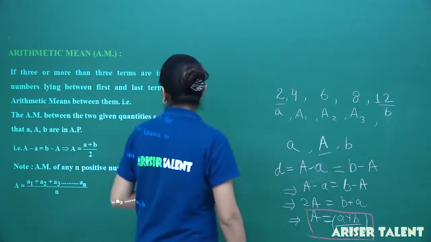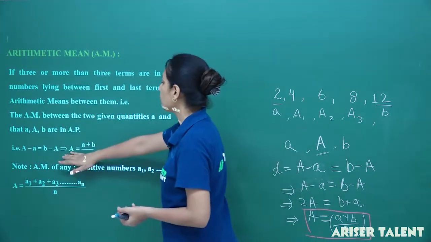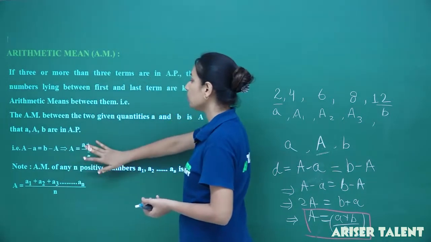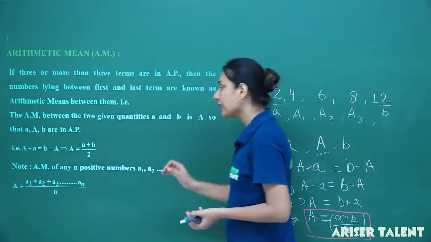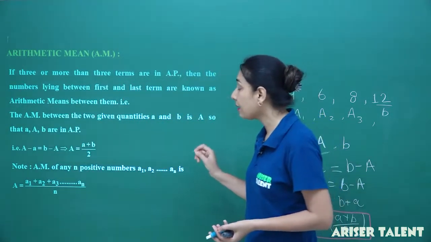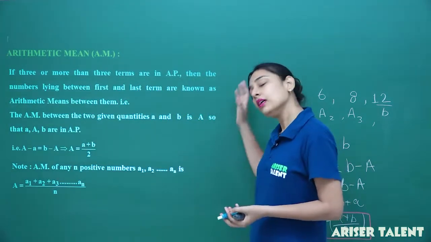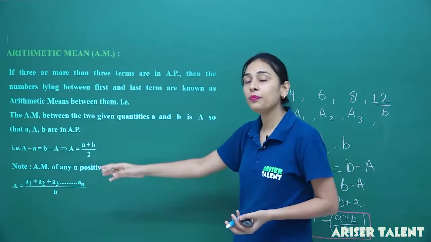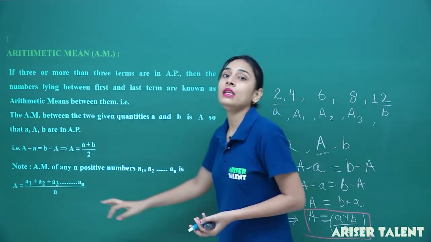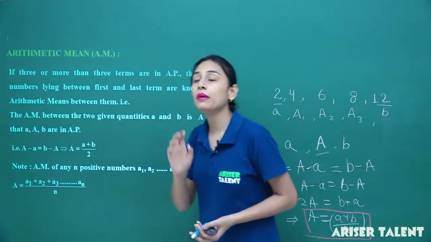Here A minus a equals b minus A implies that A equals a plus b by 2. Notice here that the AM of any n positive numbers A1, A2 and so on up to An is A equals A1 plus A2 plus A3 till An divided by n, the total number of the numbers.